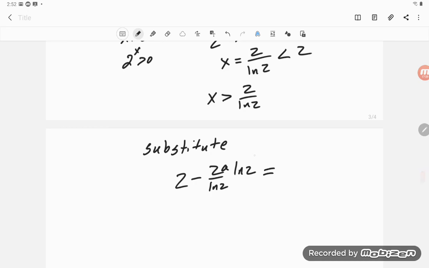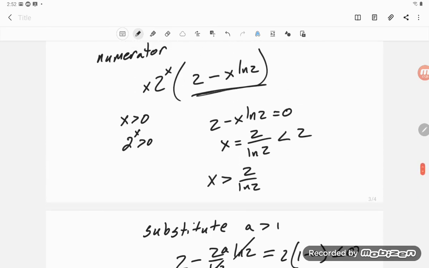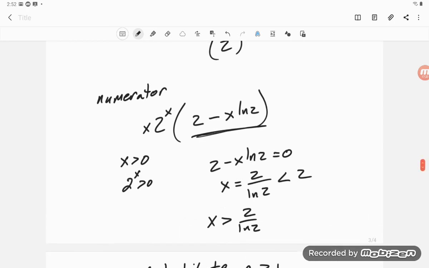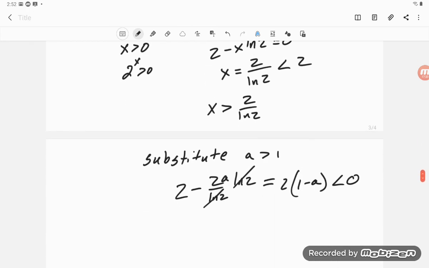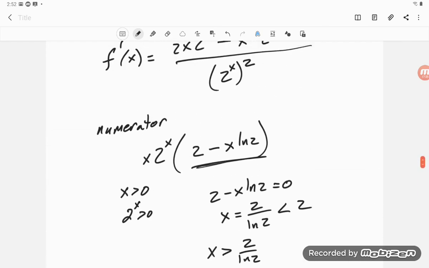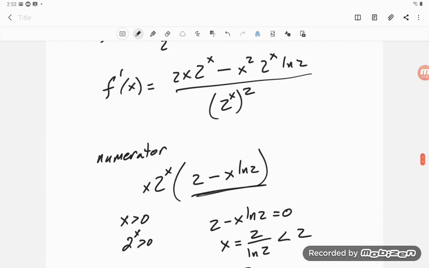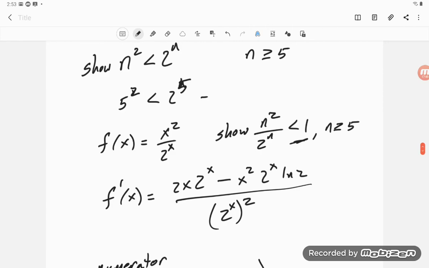So those cancel out, and you get 2 times 1 minus a, but we picked a bigger than 1, and so that's less than 0. So I can show the derivative is negative, and if that derivative is negative and I'm starting below 1, then all the numbers are below 1, and that was a calculus proof to show this.